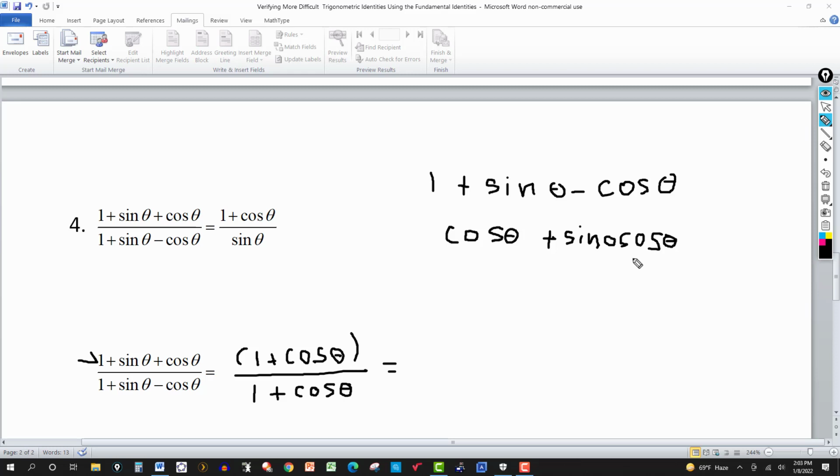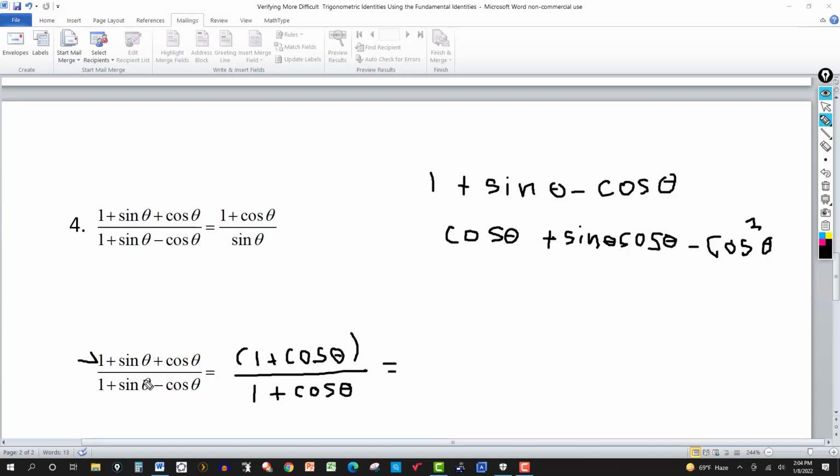So that gives me sine theta cosine theta. And then cosine theta times the minus cosine is minus cosine squared. So I want to wind up then with this. I wind up with this here.